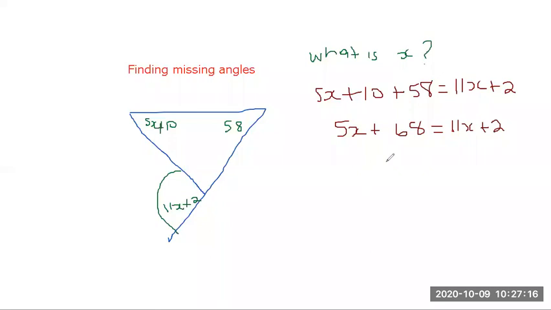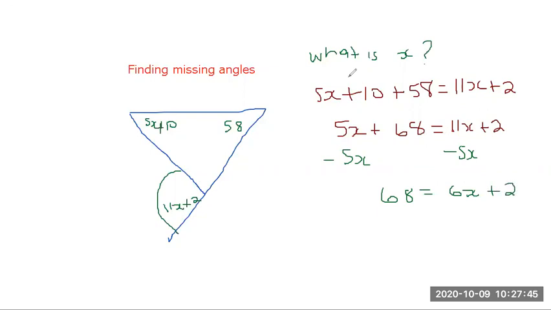So as always, the goal is to get x's on one side and everything else on the other side. In this case, I'm going to put my x's on the right side, because why not? We've never done it that way really. So I'm going to minus 5x, minus 5x. Your answer should still be the same. So we're left with 68 is equal to 6x plus 2.